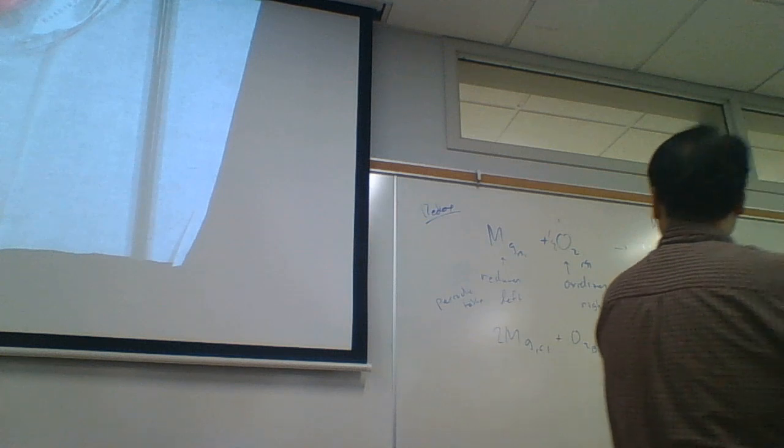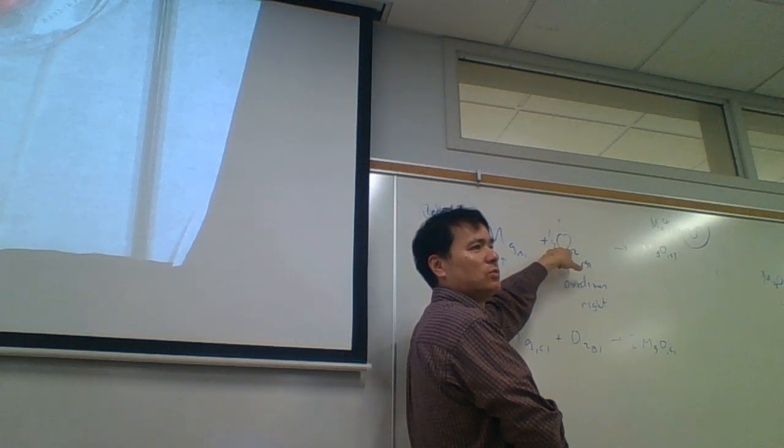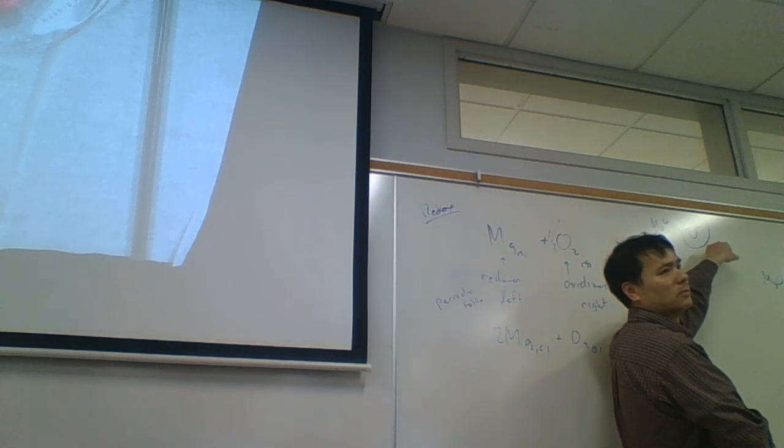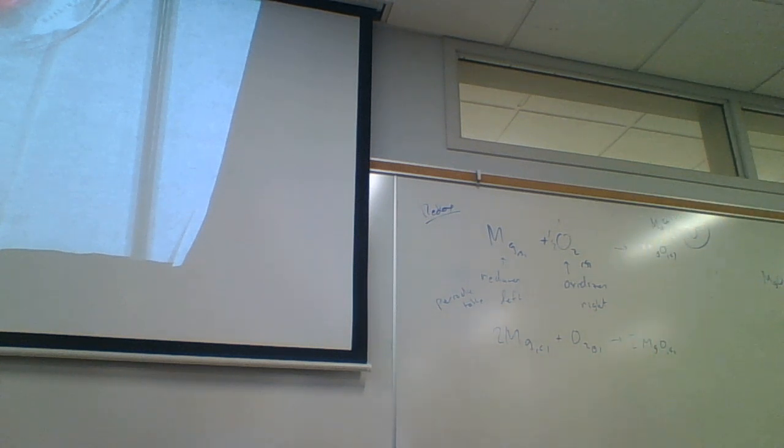Oxygen is lacking electrons. Oxygen wants 2 electrons. Oxide already has them. So oxide's happy as is. When we're talking about oxidizing agents, oxygen is a great oxidizing agent, oxide isn't. Oxide's a pretty poor oxidizing agent.